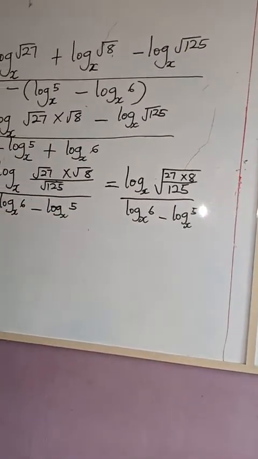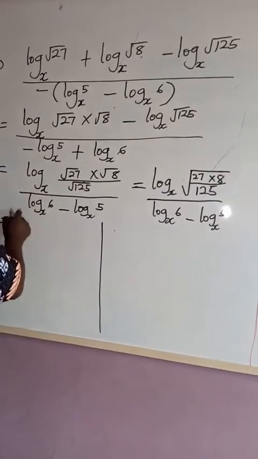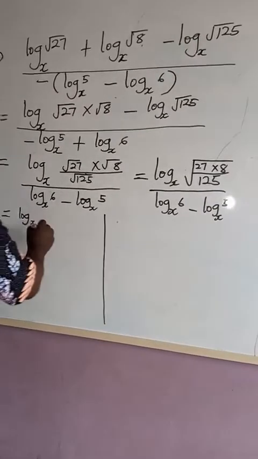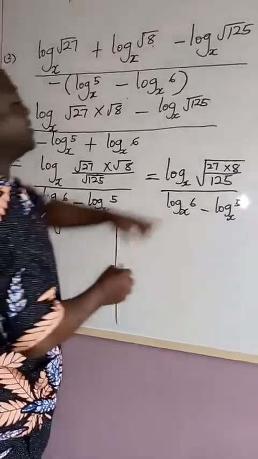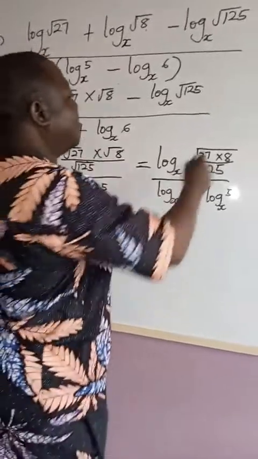Then this is equal to logarithm in base x of roots. Now if you multiply 27 by 8, we are going to get 27 times 8.